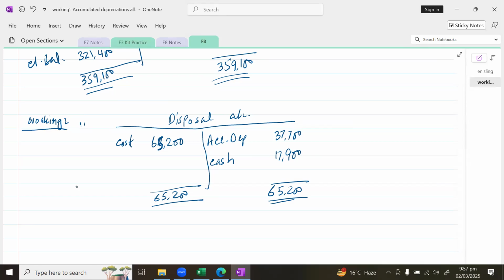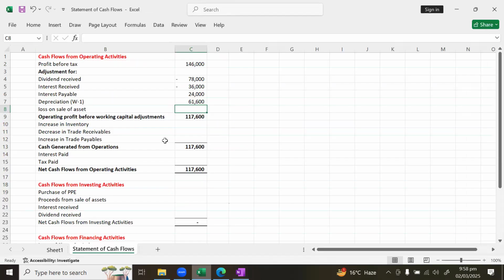Okay, how much is the difference? 65,200 minus 37,700 minus 17,900. So loss on disposal is 9,600. So these are operating profits before working capital changes, 127,200.